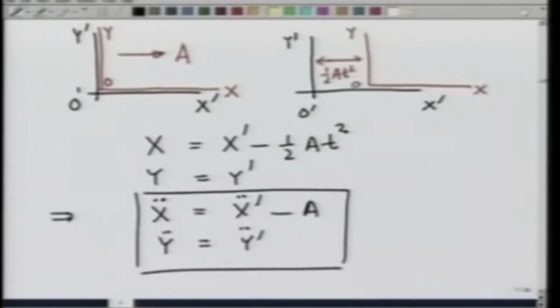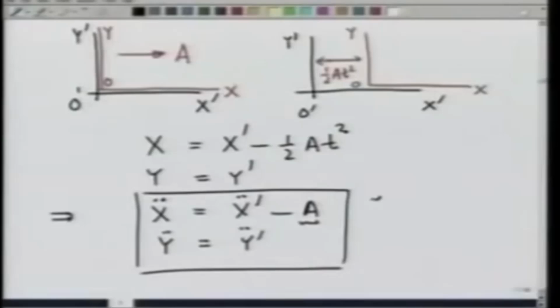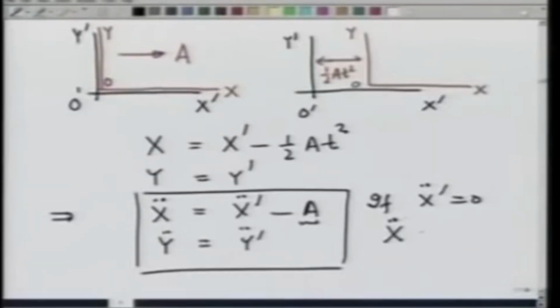So you see the acceleration in the accelerating frame has decreased by an amount a. If x prime double dot is 0, that is, the acceleration in the fixed inertial frame is 0, you see that x double dot is equal to minus a. That is, you will see things moving past you, accelerating backwards. And the way we explain it, as I said earlier, is by introducing a pseudo force. Let us see how that comes about.